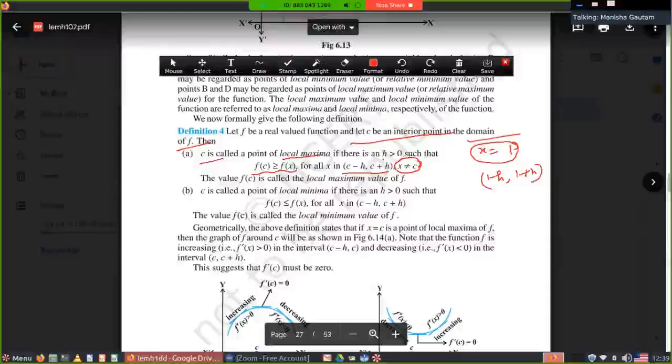Then if f of c shows a greater value for all x belonging to this interval, then the function is showing local maxima, and reciprocally, if it is showing less than or equal to f of x, then local minima, local minimum value. And geometrically we can see here the graphs are given to you.